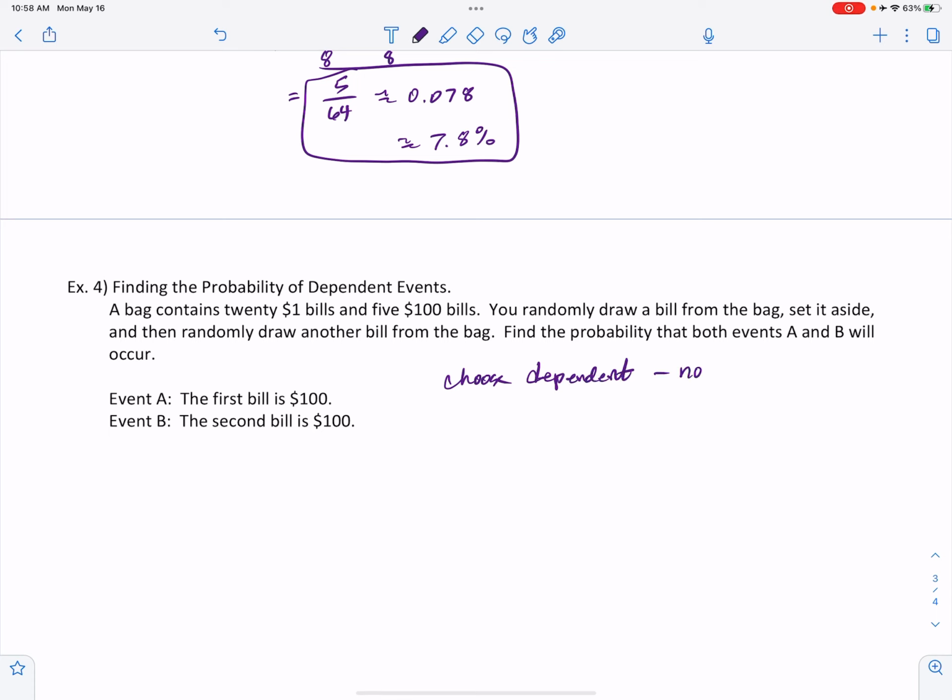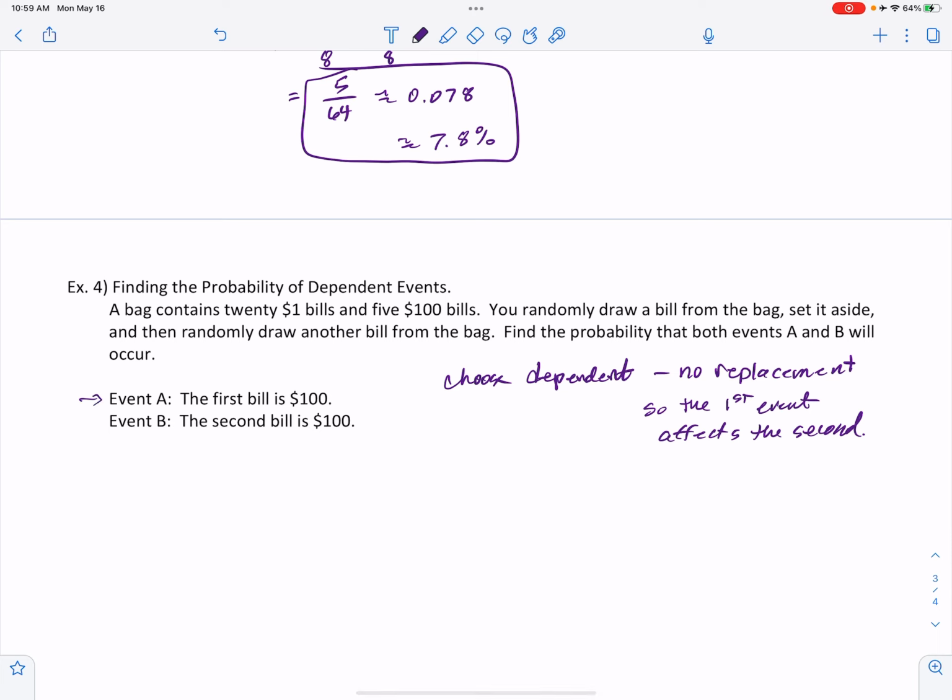Because there is no replacement, there are fewer to pick from on your second pick. So your first event affects the second, and that's why we're going to choose dependent probability.